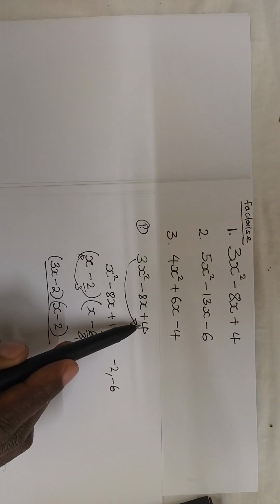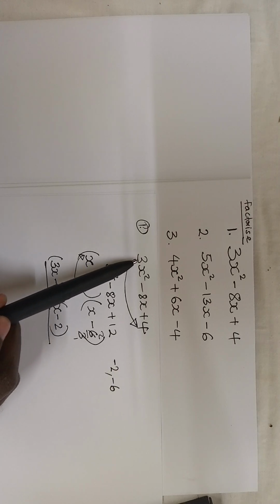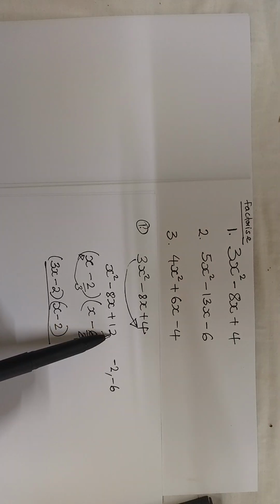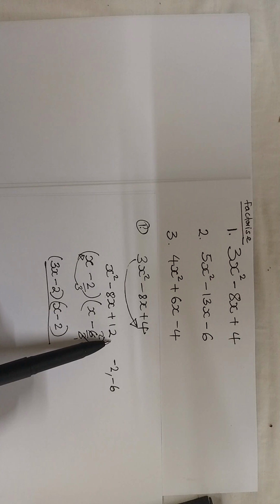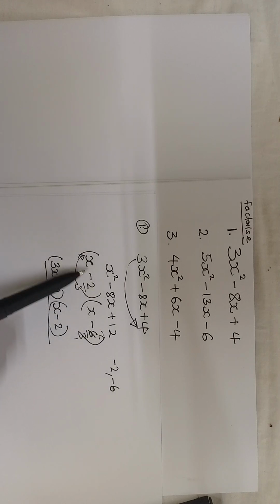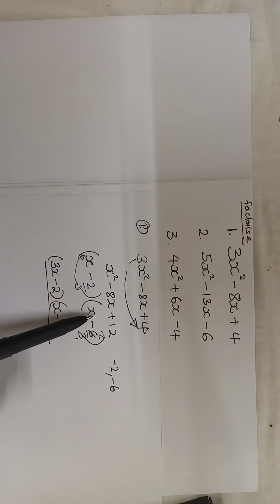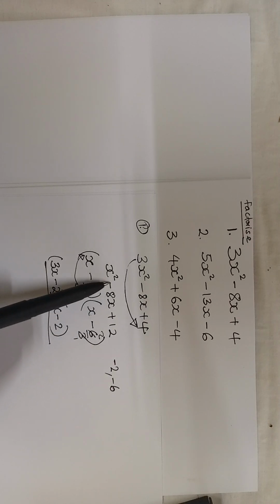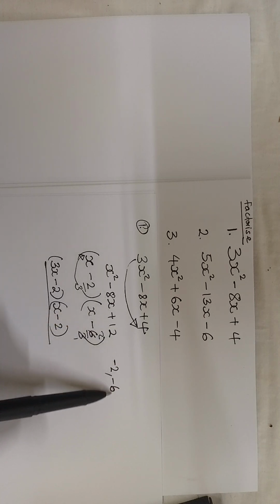So once again, you take this 3, you multiply by 4, which gives you positive 12. That is what we have here. And now I've taken x squared minus 8x plus 12. Then get the two numbers which multiply to give x squared, which are x and x. Then from there I want two numbers which give a sum of negative 8 and a product of positive 12, and that is negative 2 and negative 6.